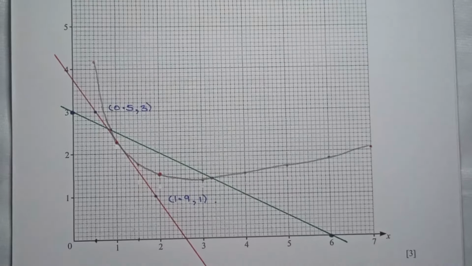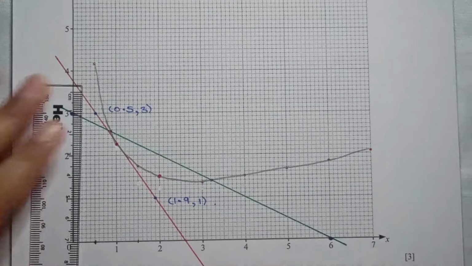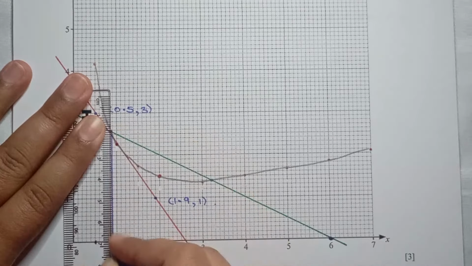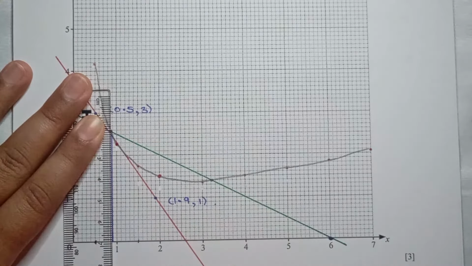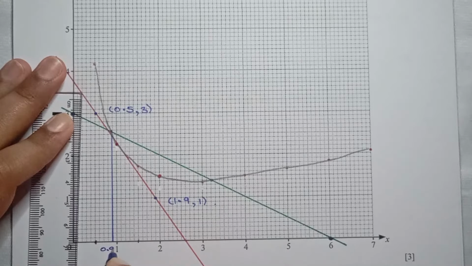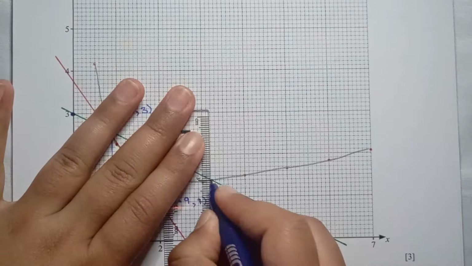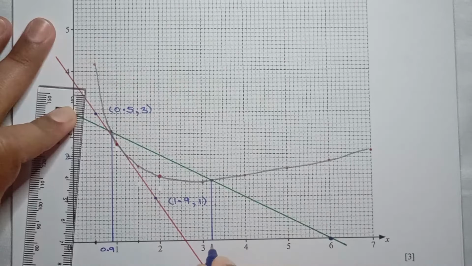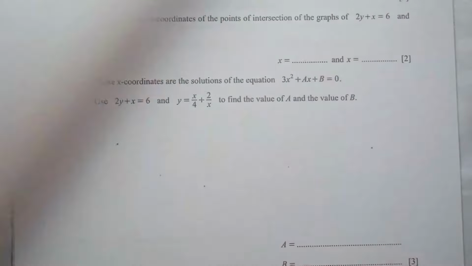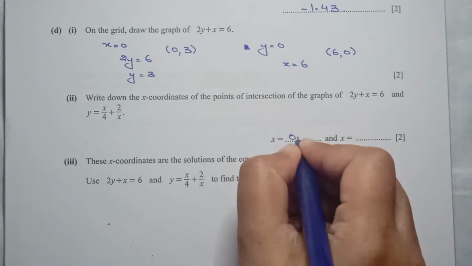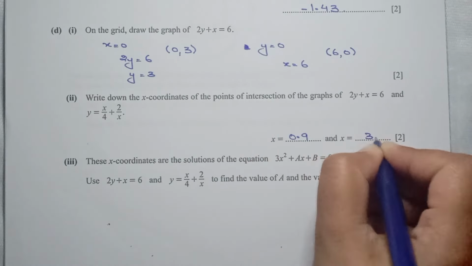So let me figure out what the x coordinates are for these points. Here the x coordinate is 0.9, and at this point the x coordinate is 3.2. So the two x coordinates are 0.9 and 3.2.